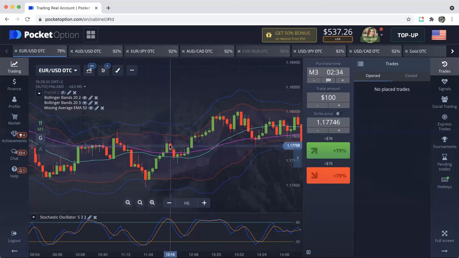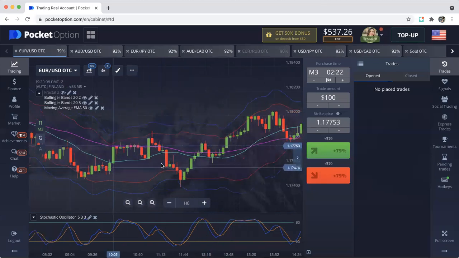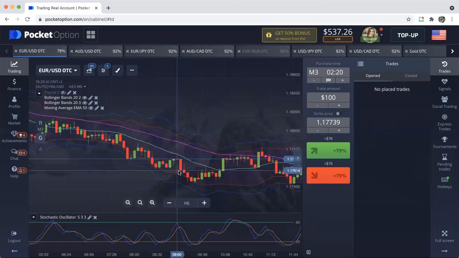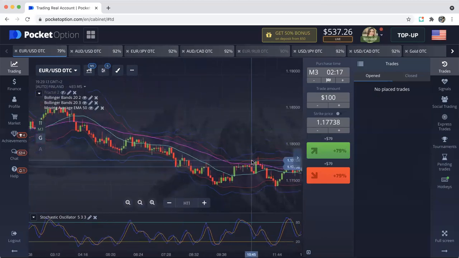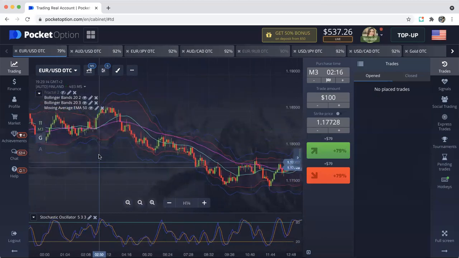I might have taken this trade for maybe a 1 to 3 minute, 2 to 3 minute put, and then I would have gotten out of there. I might have. But I usually like to stick with one end of the Bollinger Band to the other.